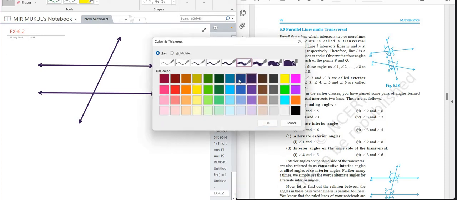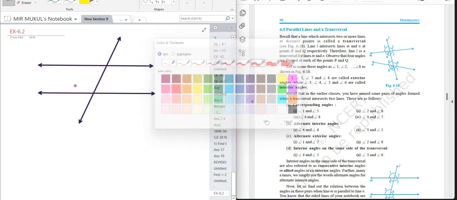So here, suppose this line name is M and this line is N, right? And this line is L, right?